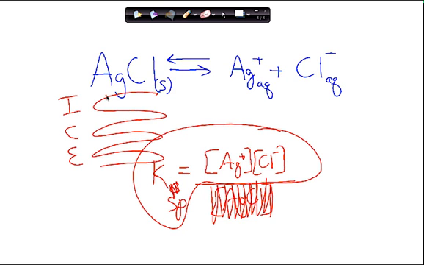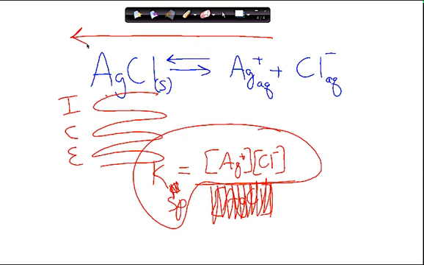What you'll find is that any salt that reaches equilibrium, so it does dissolve, but just a little, these equilibria lie hugely to the left.